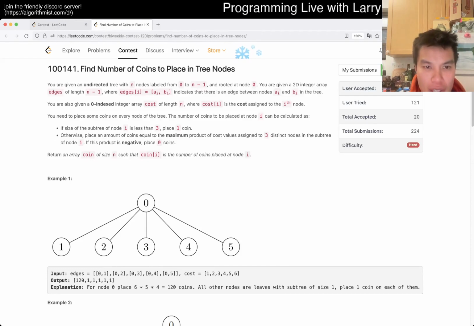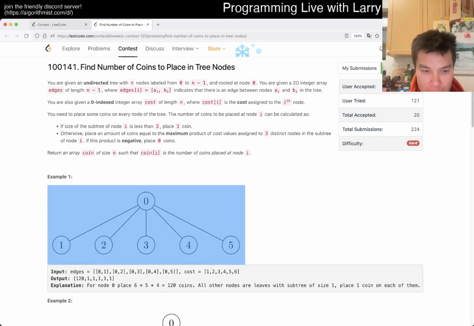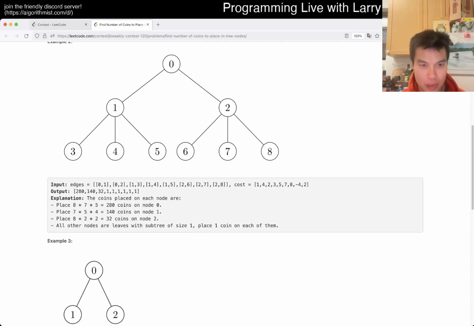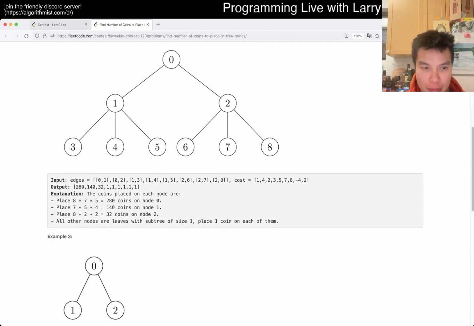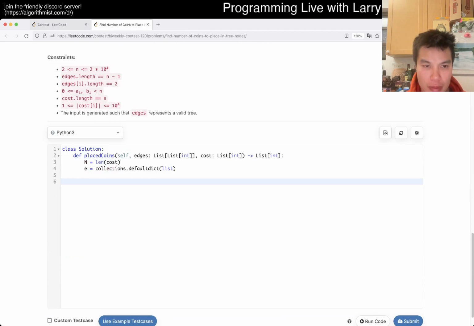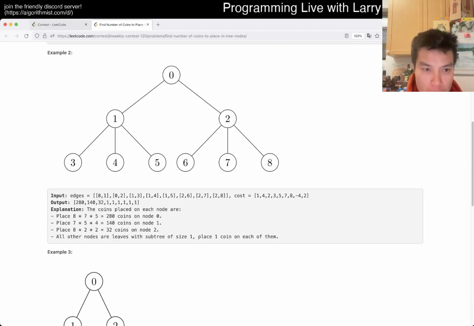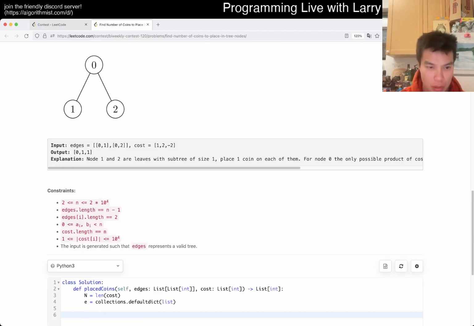Oh, I don't even know what cost is. Oh, yeah, okay. That's just the labels that are here. That's really awkward, but okay, fine. Yeah, again, should be okay.